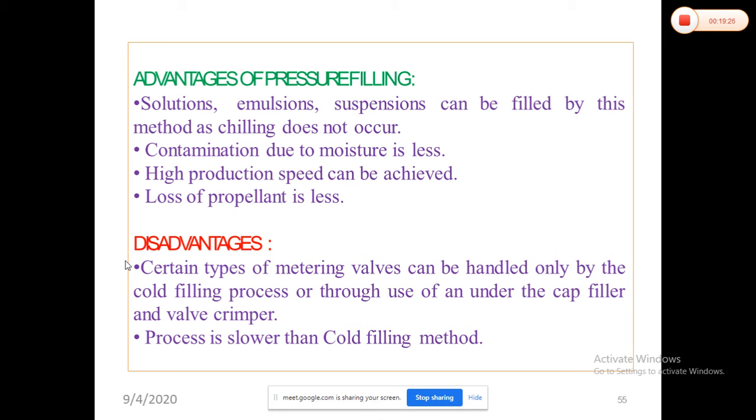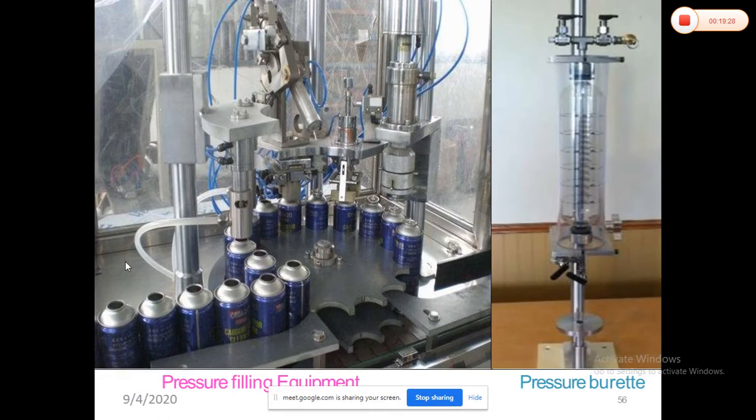Now we discuss the second method, that is the cold filling method. Here the pressure filling method is there, and I have discussed the pressure burette. There are two mechanisms adopted.